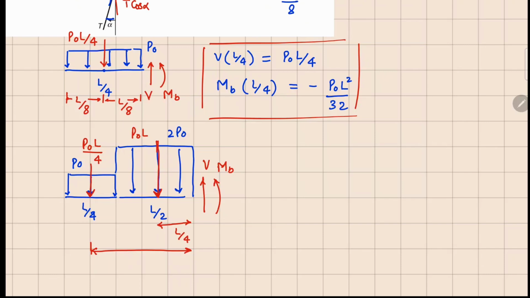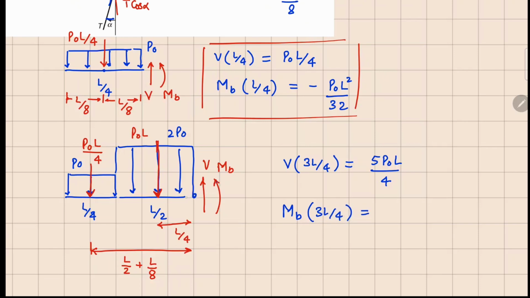So when I do the force balance, I get V at 3L over 4 equals P naught L by 4 plus P naught L, so it becomes 5P naught L divided by 4.